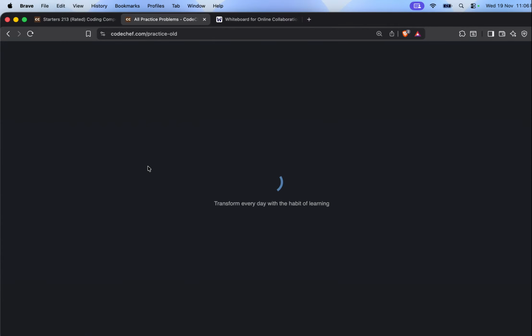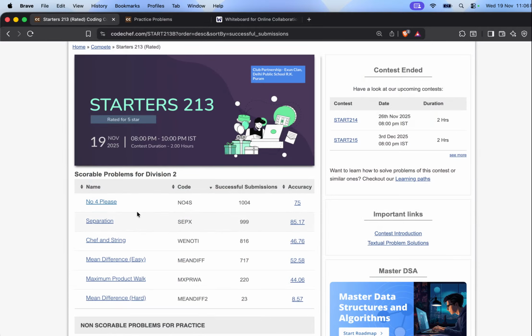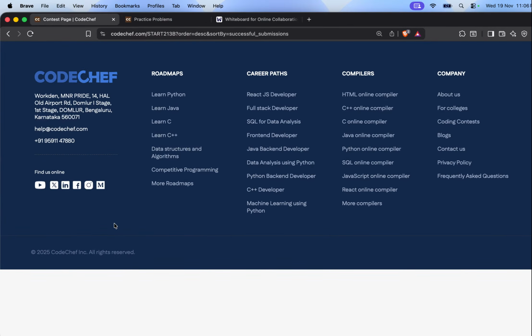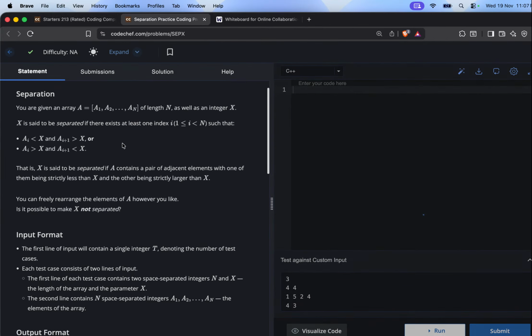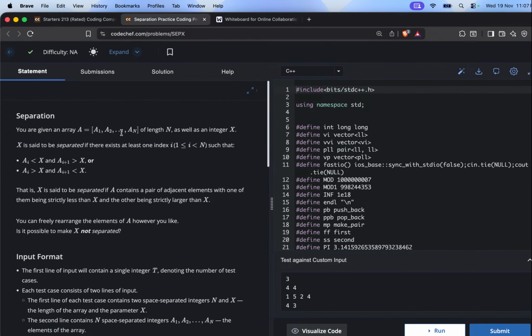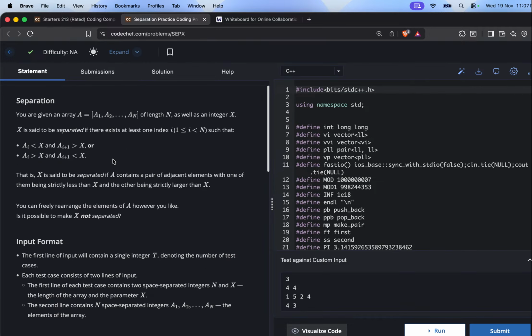Now let's move to the next problem. In the second problem, we are given an array as well as an integer x. X is said to be separated if there exists at least one index i such that a_i is less than x and a_(i+1) is greater than x, or a_i is greater than x and a_(i+1) is less than x.